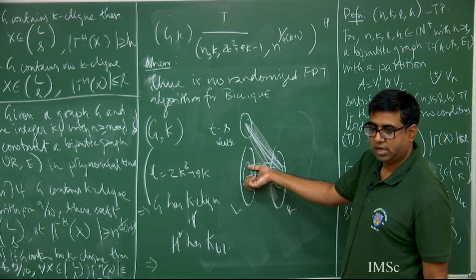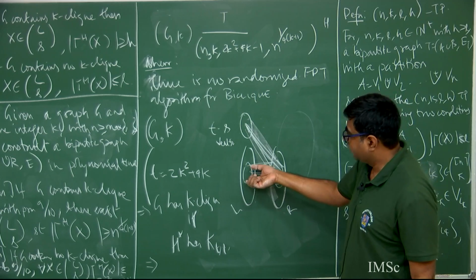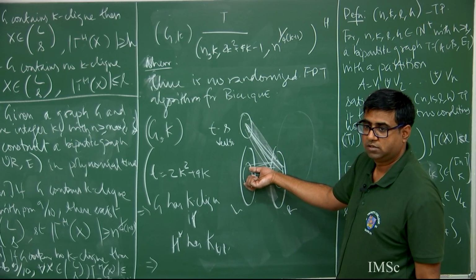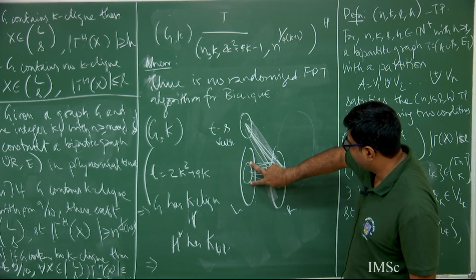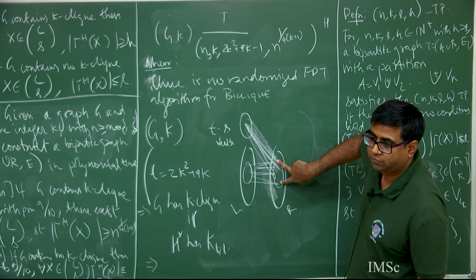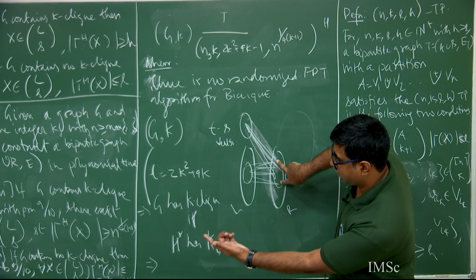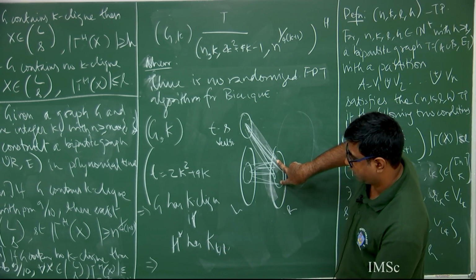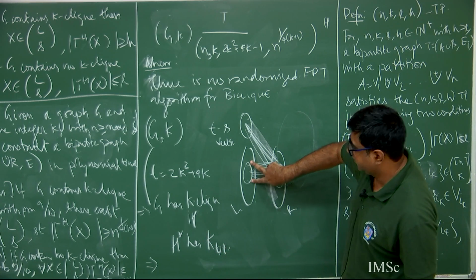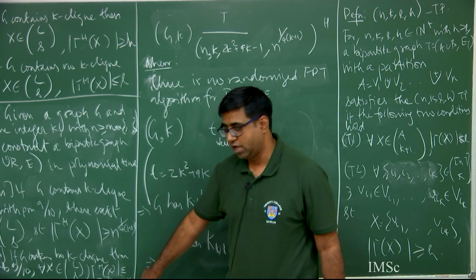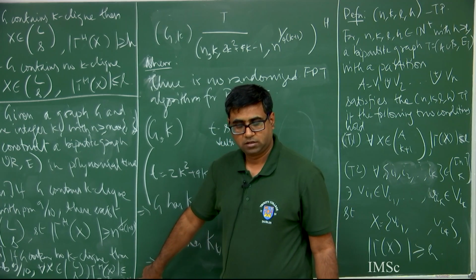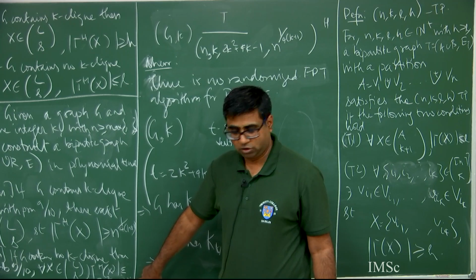S vertices, right? But what is the property of these s vertices? It shows that S has this many neighbors because of the second completeness property. But we know that this set has at most these many neighbors here. That contradicts, right?